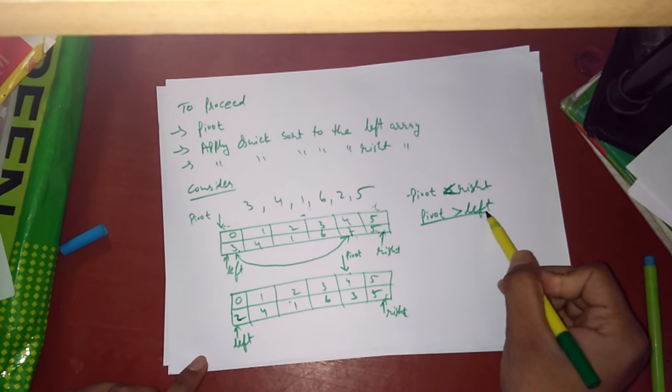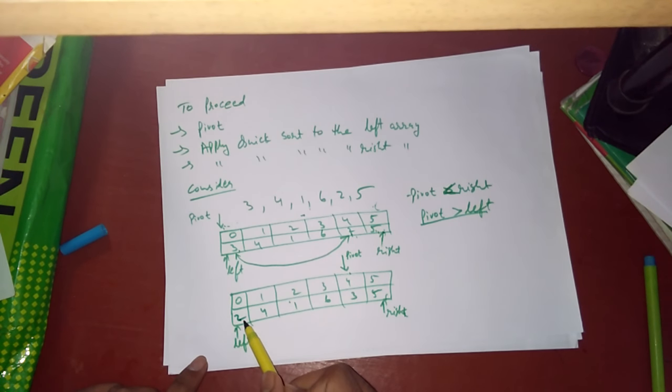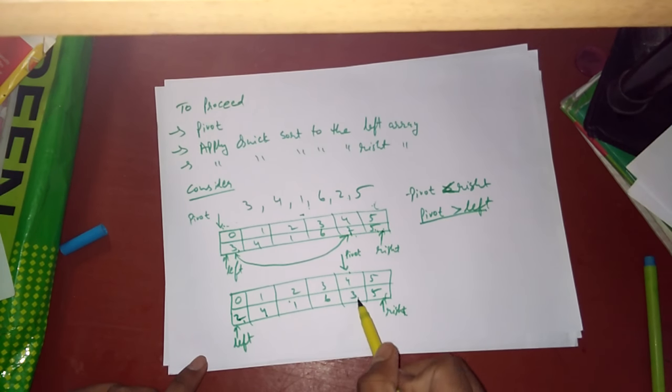For this the condition will be: pivot is greater than 2, yes of course true. Pivot is greater than 4, yes of course true.